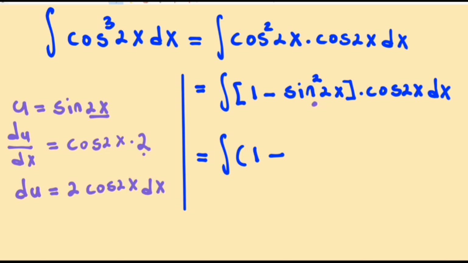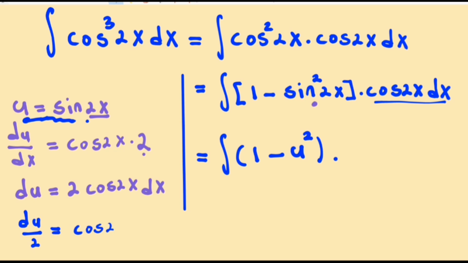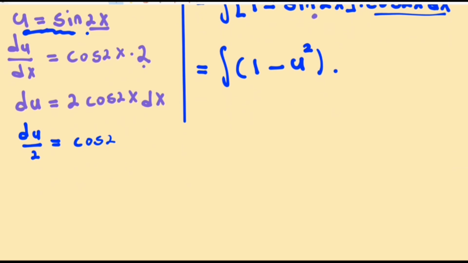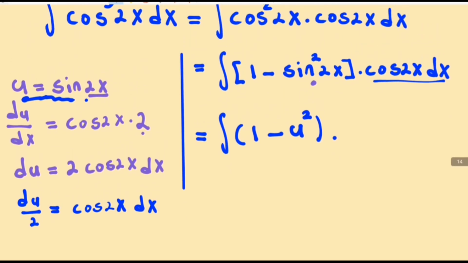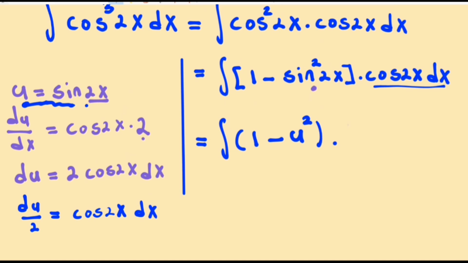So in the place of the sine 2x, we substitute the u, but the sine 2x is raised to the power 2, so the u will also be raised to the power 2, and we have the cos 2x dx. So let's divide both sides of this equation by 2, and du over 2 will be equal to cos 2x dx. So in the place of the cos 2x dx, we substitute du divided by 2.